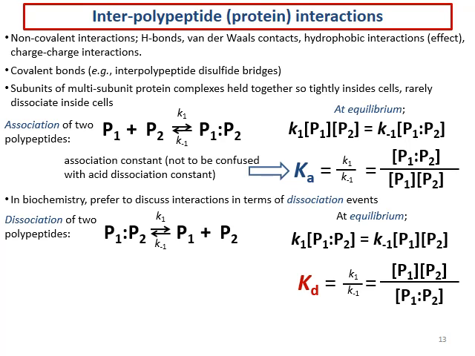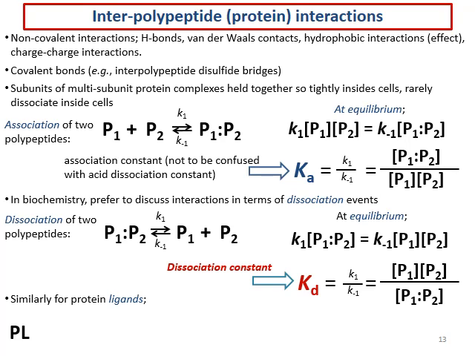And we can calculate Kd for the dissociation of two polypeptides as the concentration of each of the separate members divided by the concentration of the interacting polypeptides. So that's the Kd value. And it's called the dissociation constant.